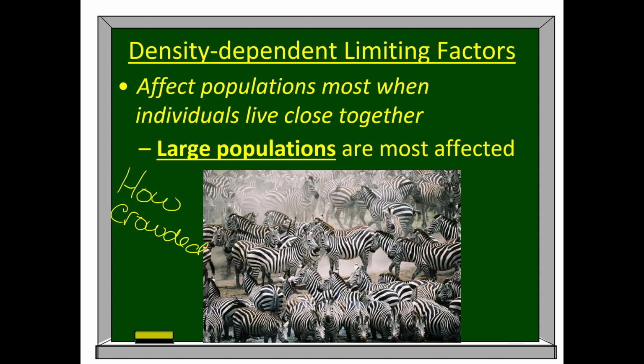The more crowded the population is, the closer the individuals are living together, the more effect these factors are going to have. The most affected are going to be very large populations, mainly because they're going to be very dense, very crowded, living really close together. So these limiting factors are really going to affect their population.